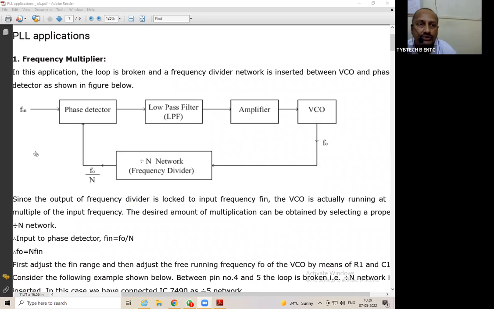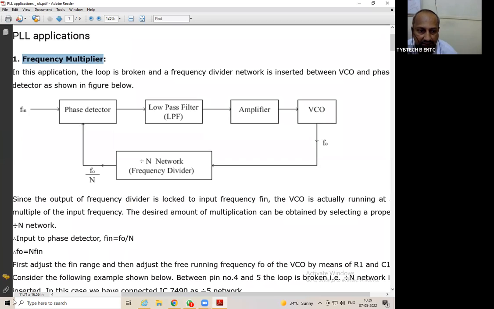The first application explained here is the frequency multiplier. Frequency multiplier means whatever the input frequency is, it can be made multiple times more at F0, that is the output of the VCO.